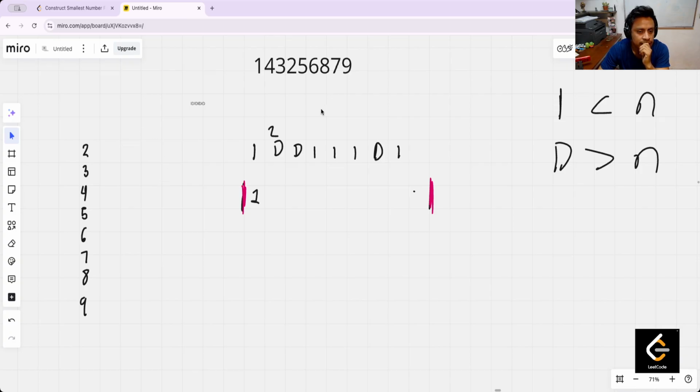I think that I need to count how many D I have here. In this case is 2, means that I can put here or take, sorry, this and put this inside. In this case, this should be greater than this.